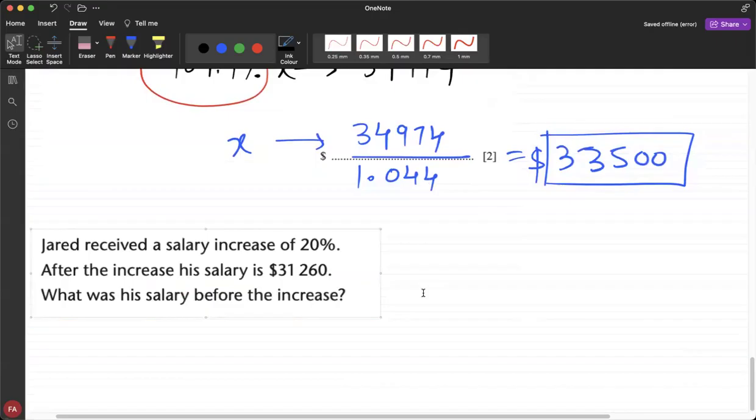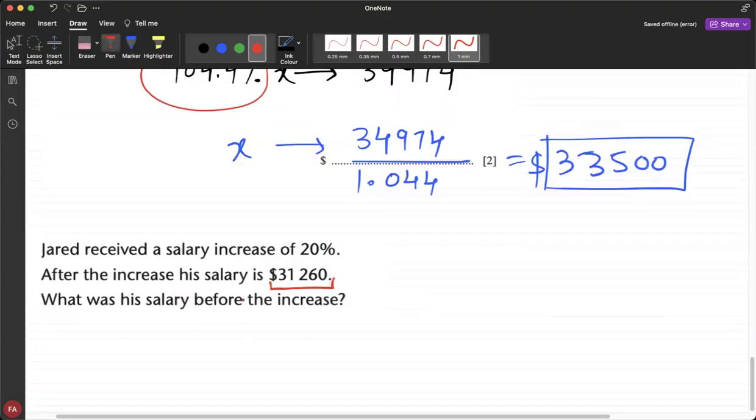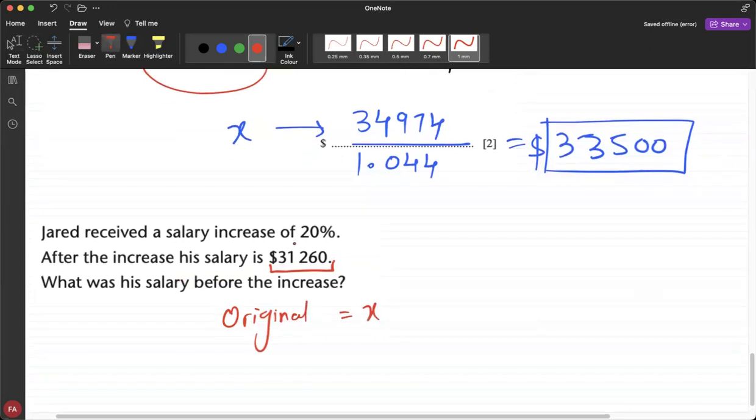In a very similar way, we have this question. It says, Jared received a salary increase of 20%. After the increase, his salary is this much. What was his salary before the increase? So again, I'm going to assume that his original salary was X dollars, and now it has increased by 20%. You do realize that the original value we're assuming is 100%, right?